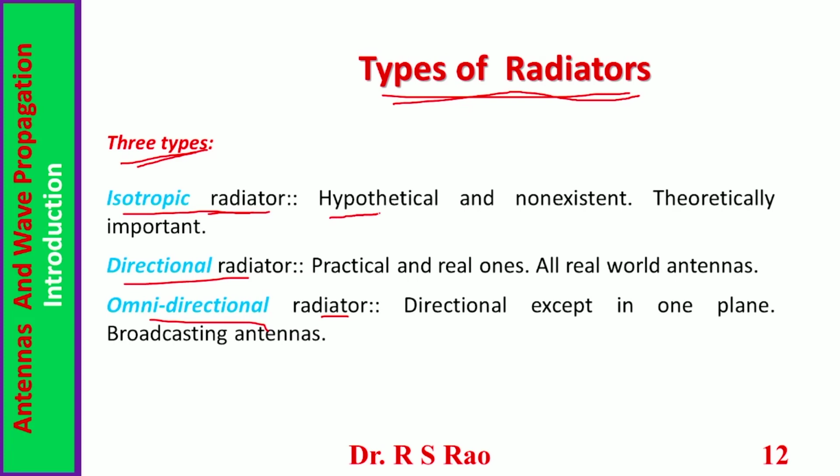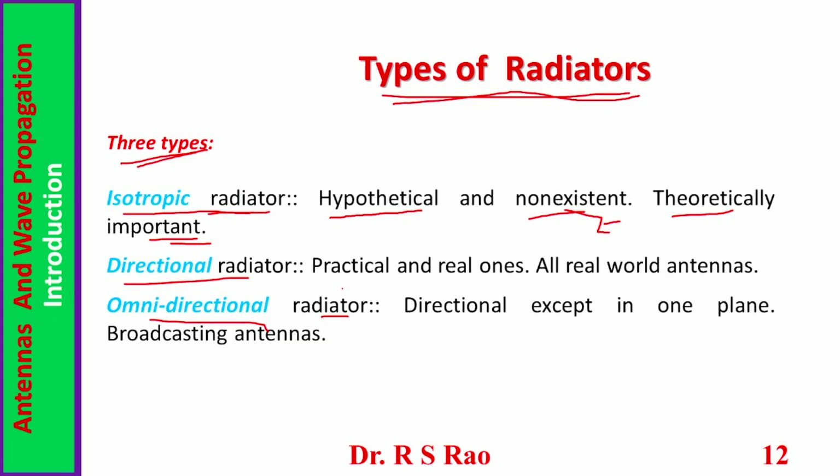It is a hypothetical, non-existent radiator. It doesn't exist in reality. For study purposes, it is used. It is useful. Theoretically, it is important. As already mentioned, it doesn't exist, but for understanding the performance of different radiators, for comparison purposes, the isotropic radiator is useful.